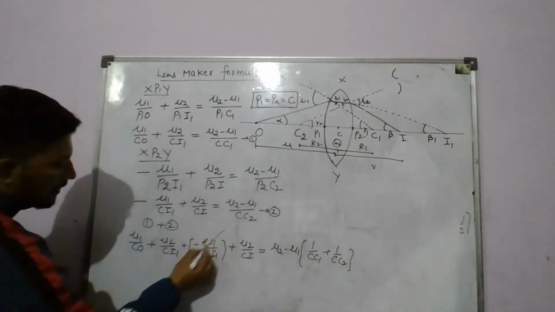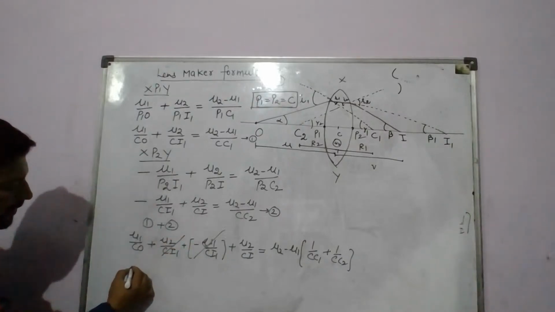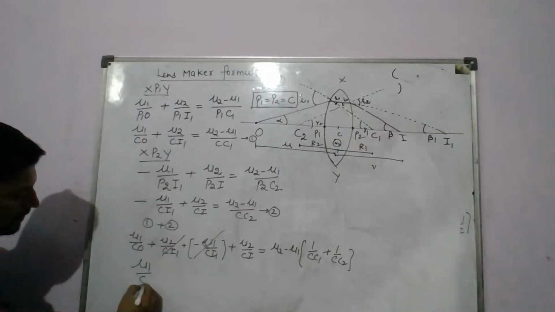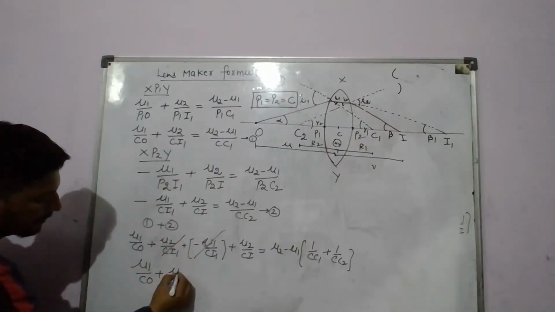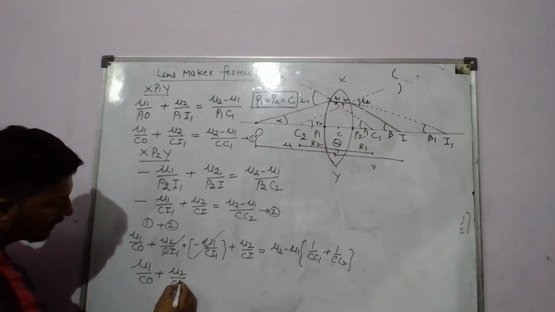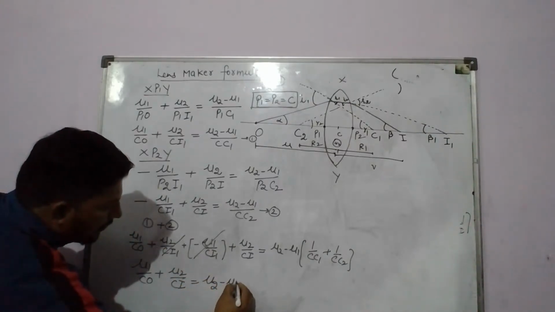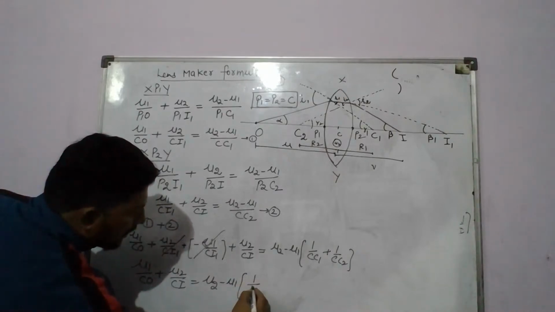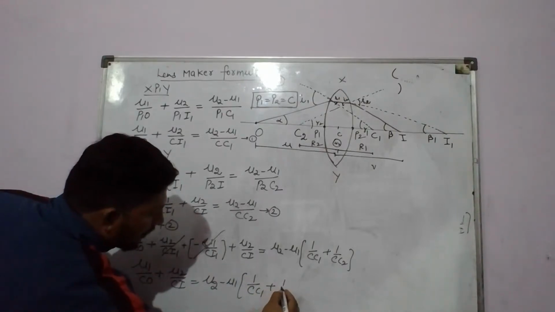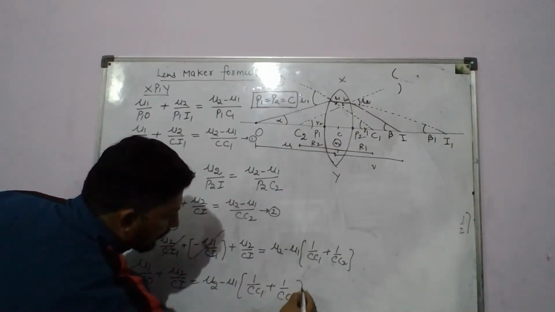So positive and negative will be cancelled out: mu1 upon co plus mu2 upon ci is equal to mu2 minus mu1 times 1 by cc1 plus 1 by cc2.